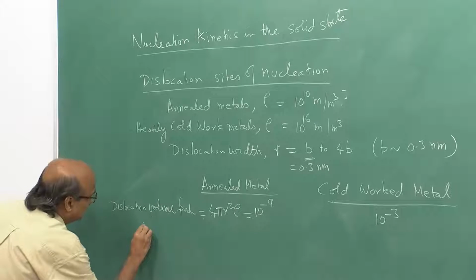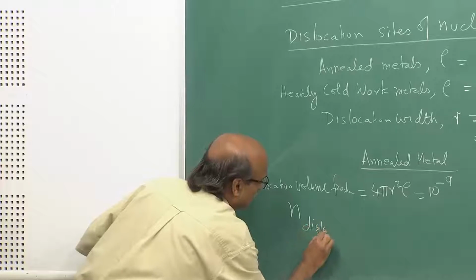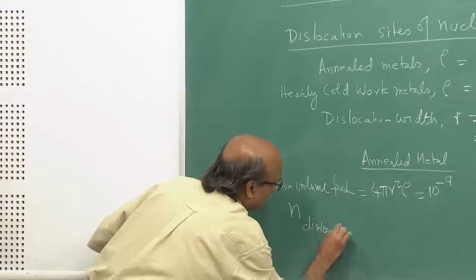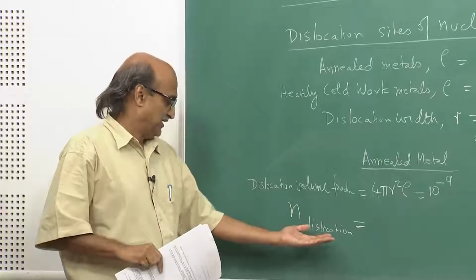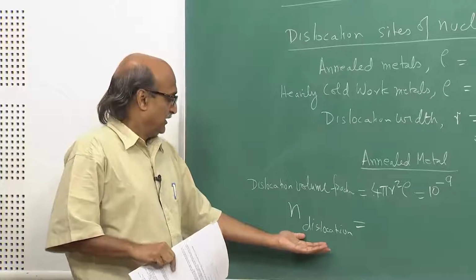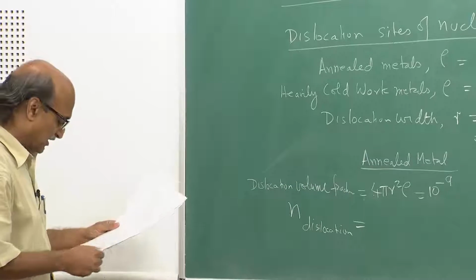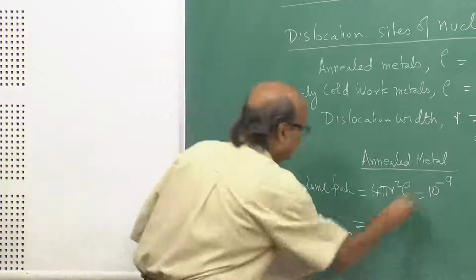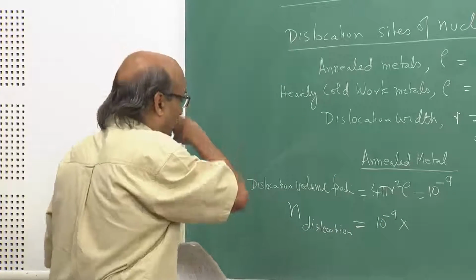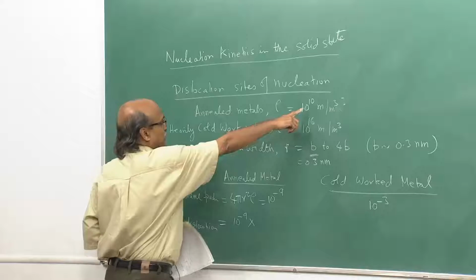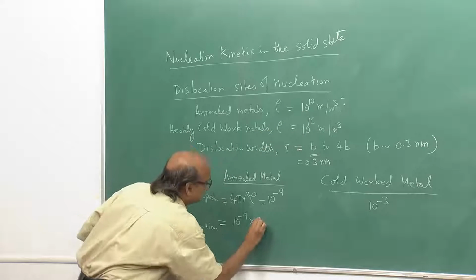Therefore, the site density, the number of nucleation sites on the dislocations in the case of annealed metal, is then 10 to the power minus 9 multiplied by the density of dislocations in the annealed metal, which I am taking as the order of 10 to the power 10.